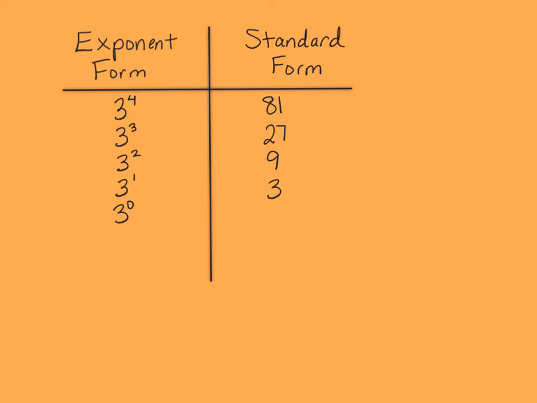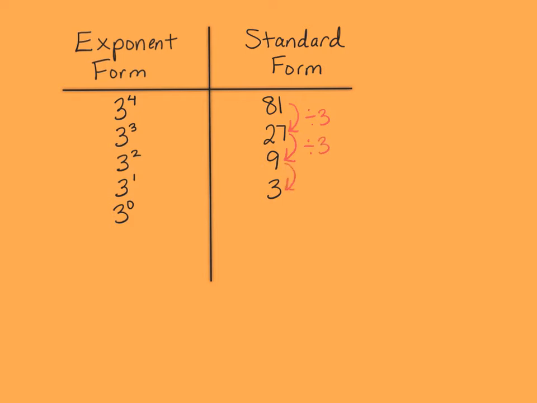So let's look and see what kind of pattern we have going on in standard form. What could be happening to 81 to get down to 27? I mean, I could subtract 54, but that pattern wouldn't keep on going. So maybe to get a smaller number, instead of subtracting, maybe I'm dividing. Well, I could divide by 3. Going from 27 to 9, that's also dividing by 3.